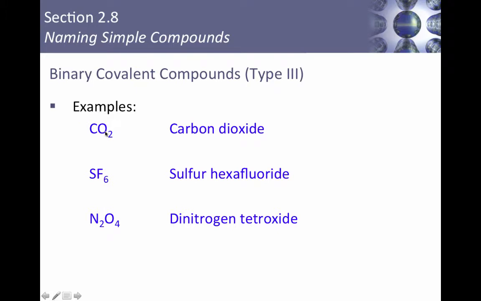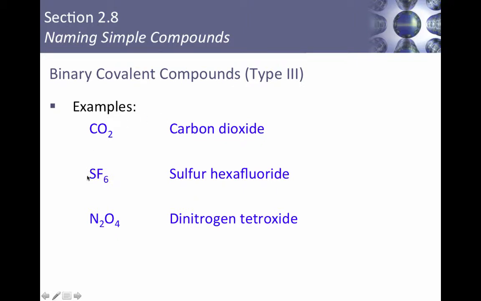So we're going to name it in an anion-like method, because I'm going to take the element and add "ide" to the end of it. So it's oxygen, so it becomes oxide. But because this is covalent, I need to say how many were there. Well, it's carbon and there's 2 oxygens, so carbon dioxide.